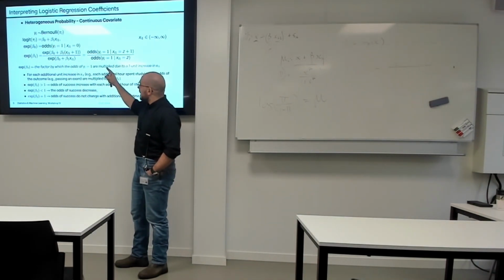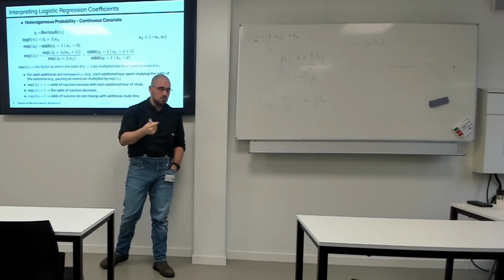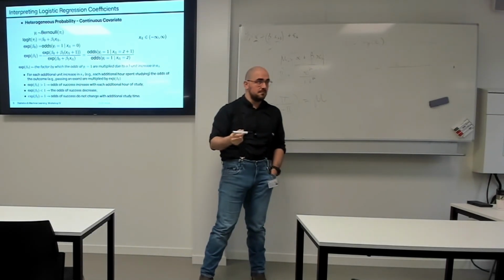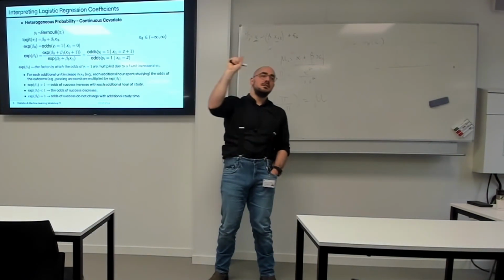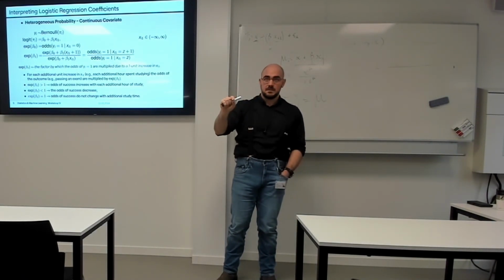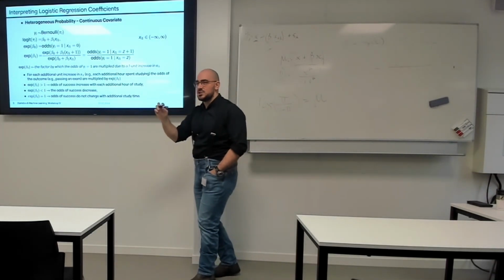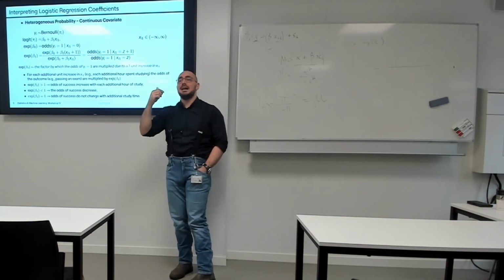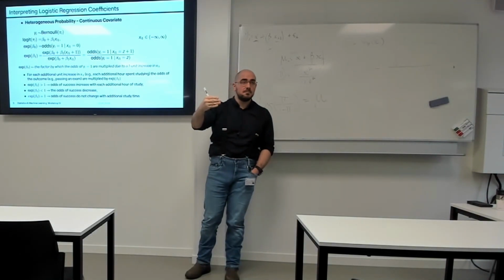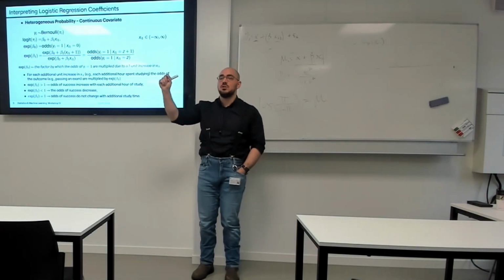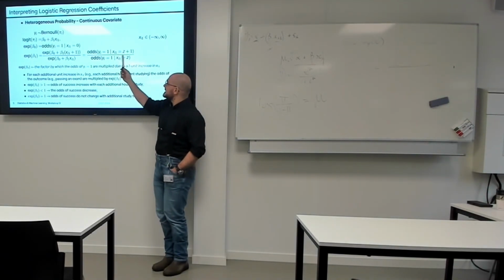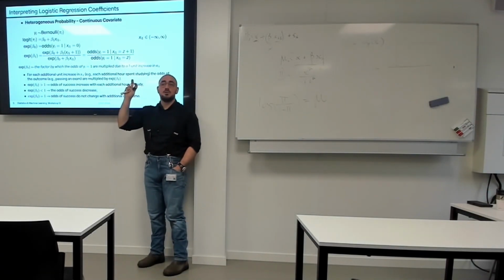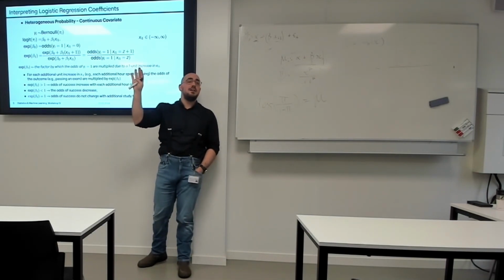Then I'm now interested in interpreting beta 1. First I'm going to tell you what it is. It is the odds ratio of an additional gun to the odds of voting for Trump. It is the factor by which my odds of voting for Trump increase for an additional gun. And you should be able to see that this is the case. Here, Z is a placeholder value for any number of guns.